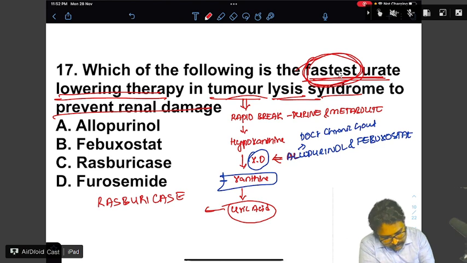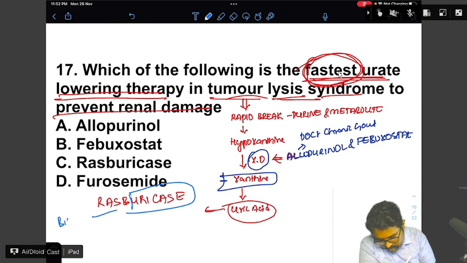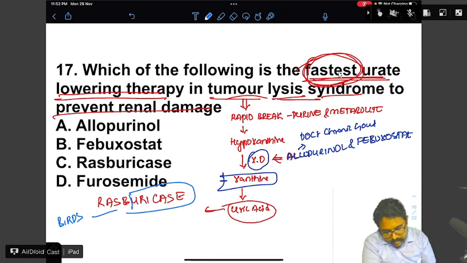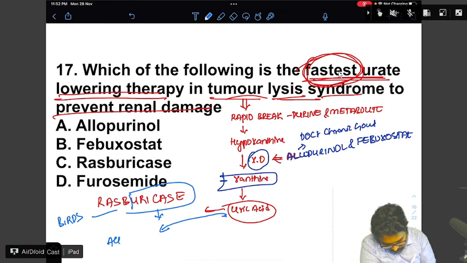This uricase is present only in birds. But in humans, a recombinant form of the uricase has been prepared, which on administration converts the uric acid into allantoin, which gets easily excreted.